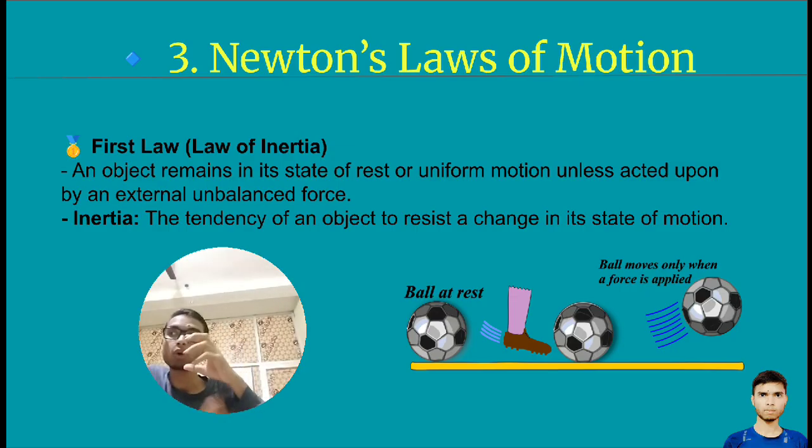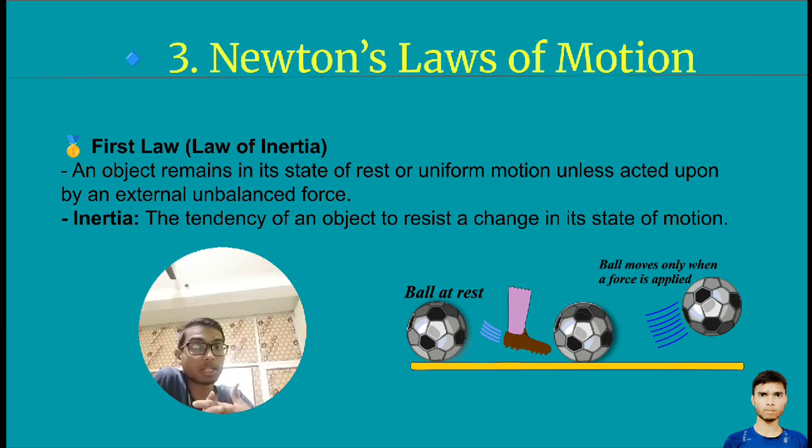Second, we can decrease the speed of the moving object. Clear? One more is that we can stop the moving object. That moving object can come to rest when we apply external force. This was about the first law.